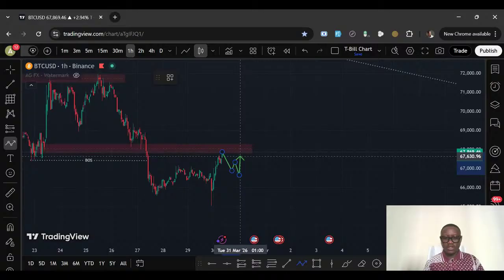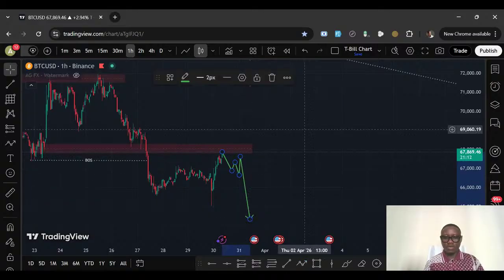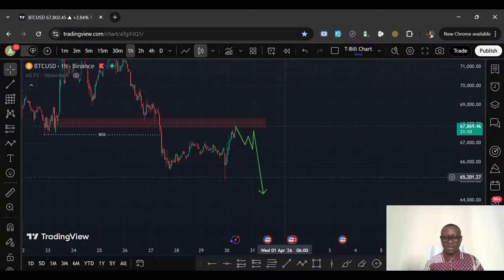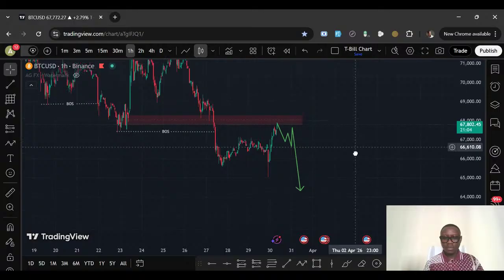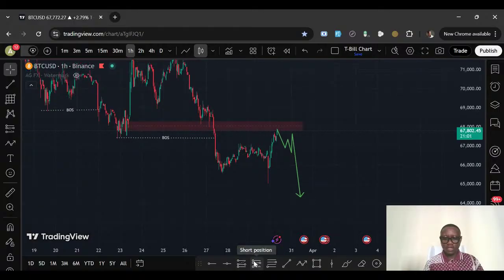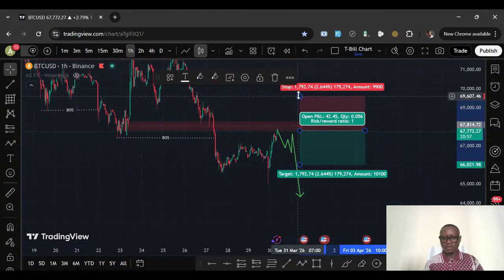Then we'll take our entry right about this place, then target the low. Until price gives us this pattern, we are not going to take this trade just yet. This is what we're anticipating right here.